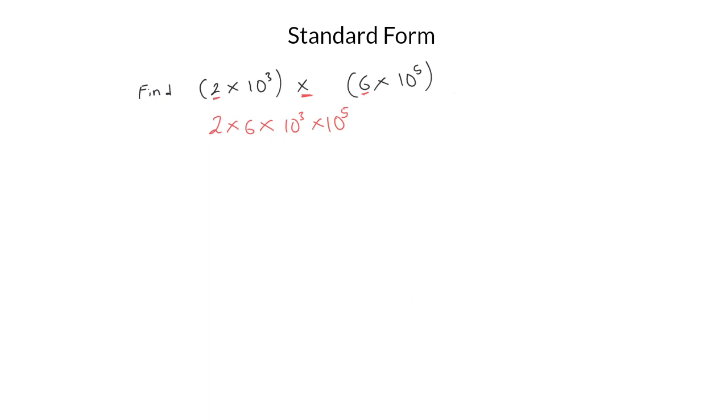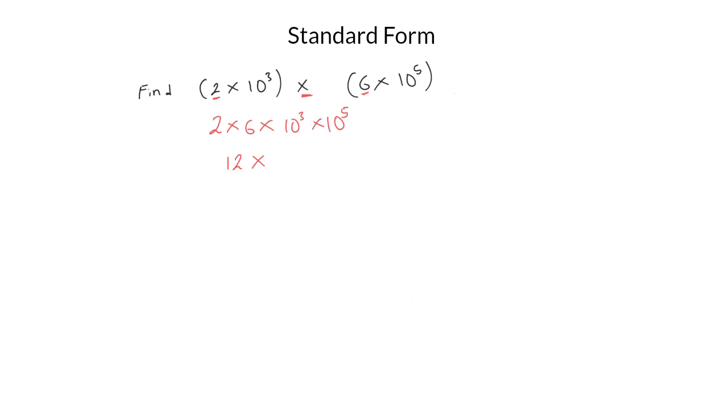So you are going to multiply the front numbers together, 2 times 6, and that will give you 12. Now you have to use the power rule to deal with the powers of 10. And what does the power rule state?